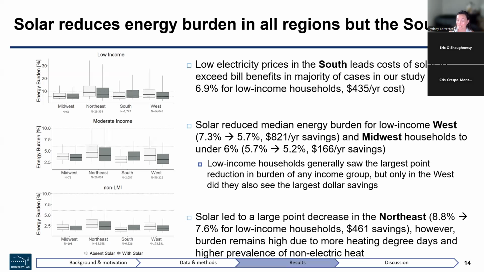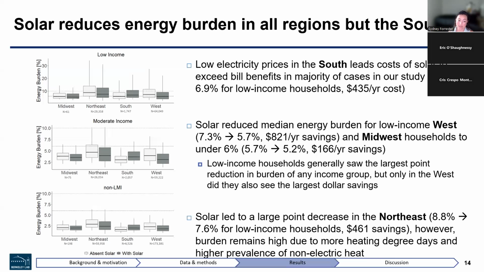So you see that the energy burden reduction was very high in the West, especially for the low income group. And this is shown here. So 7.3% for a median in the low income group went down to 5.7%, and that was $820 in annual savings.